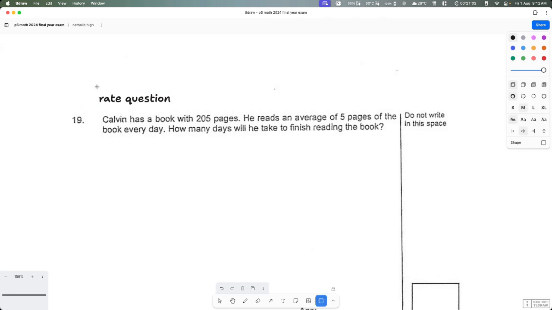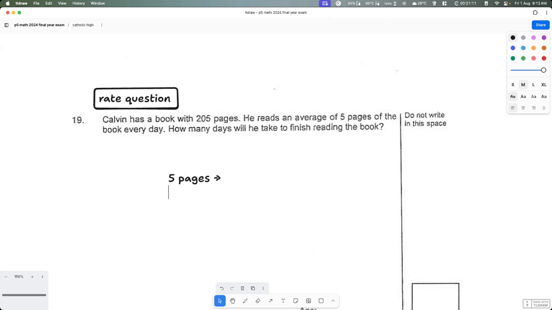In this case, what we can do is say 5 pages is 1 day. So then 1 page is equal to, usually I don't divide it, I'll just put a bracket.